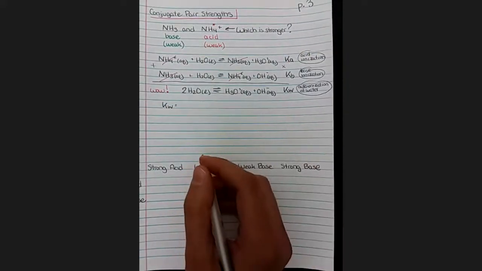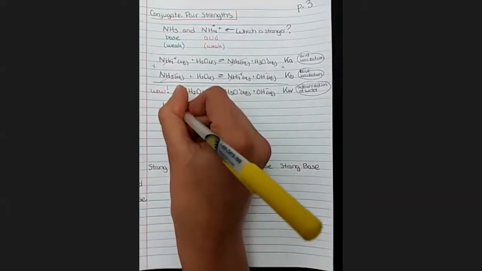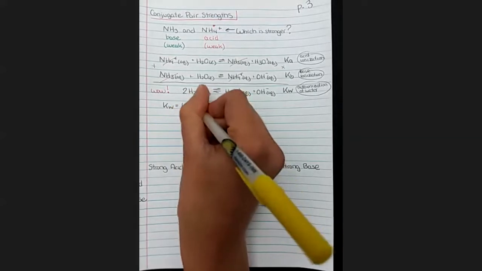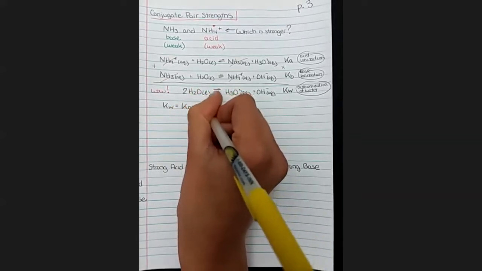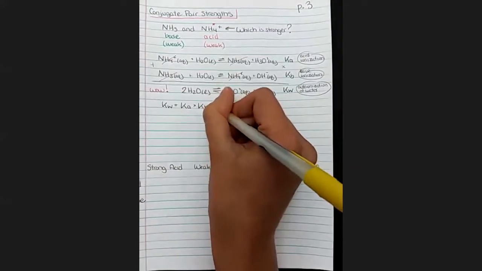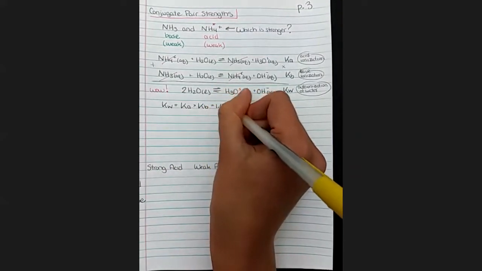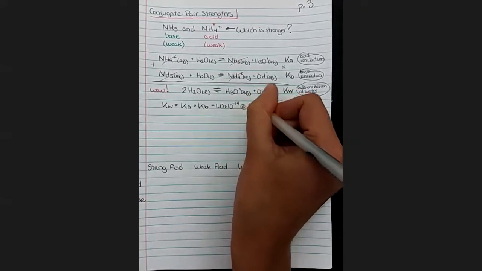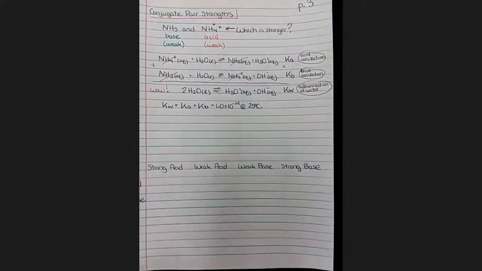I knew there was a reason we covered that. So the Kw is going to be the product of the Ka and the Kb. And remember, we know the value for Kw. It's 1 times 10 to the negative 14th at 25 degrees Celsius.